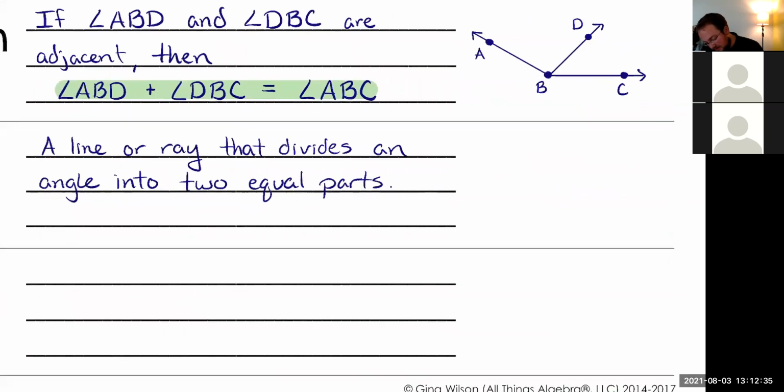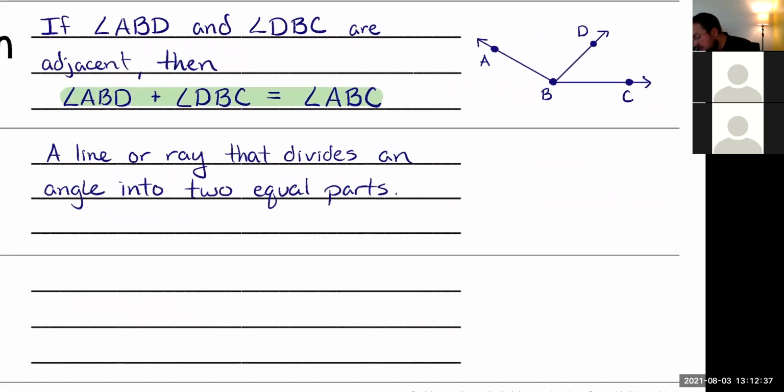So an example of what that might look like, and I'm going to use an obtuse angle just because it gives me a little bit more room to work with. So say I have this larger angle here. I'm going to eyeball best I can, cutting this in half.